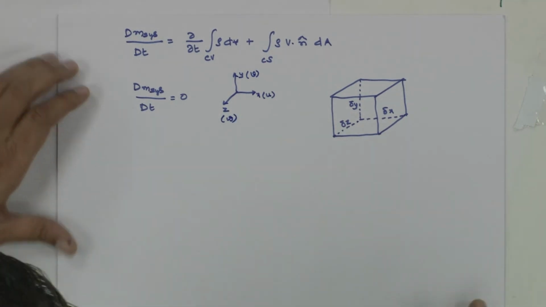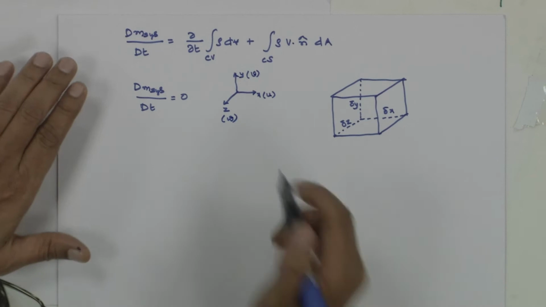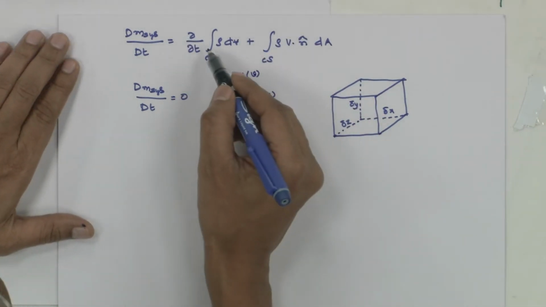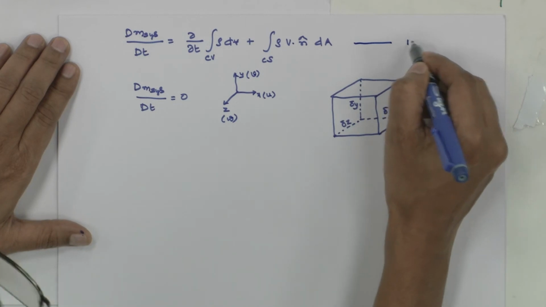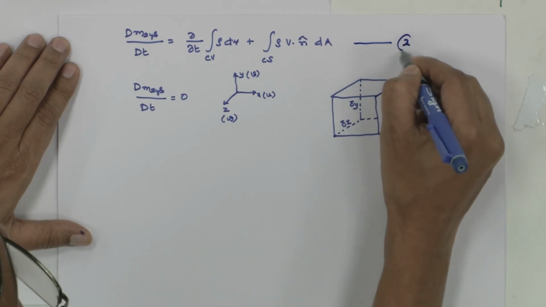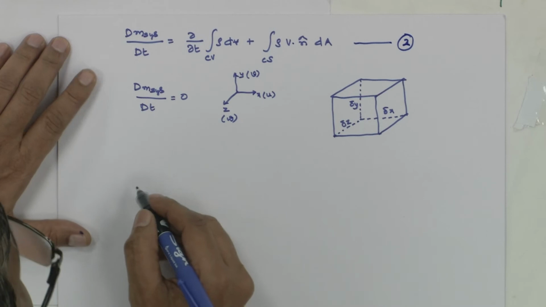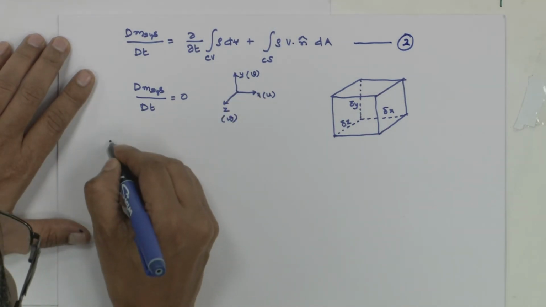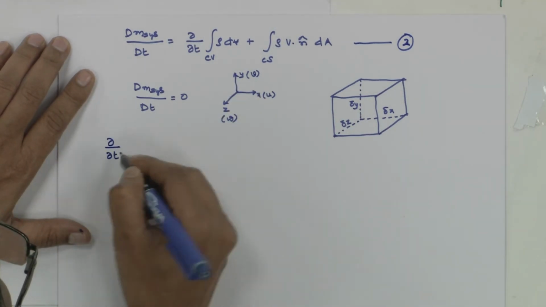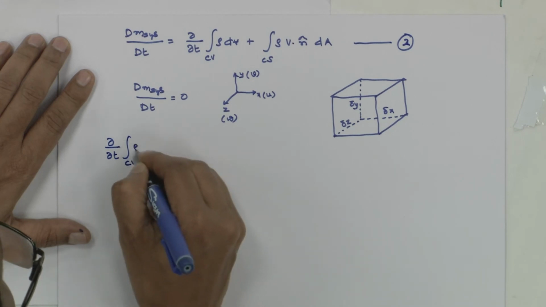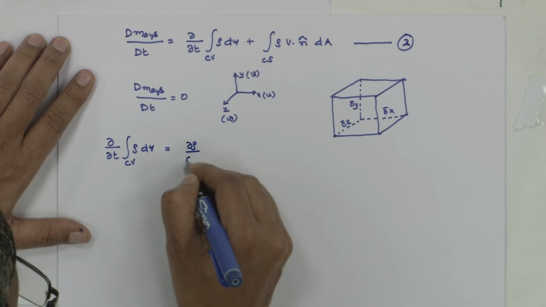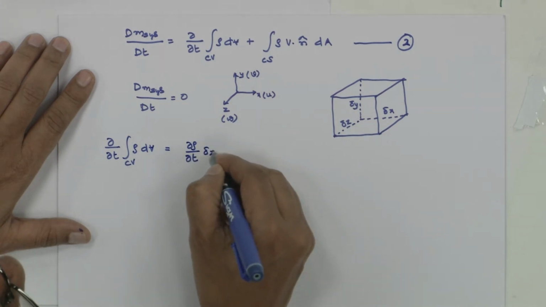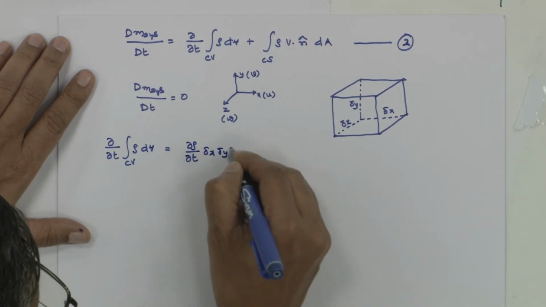Now, what is this term? The first term of this equation, let us call it equation 2 because we have already called 1, that is del by del t of the integral over CV of rho dV, would be equal to del rho by del t delta x delta y delta z.